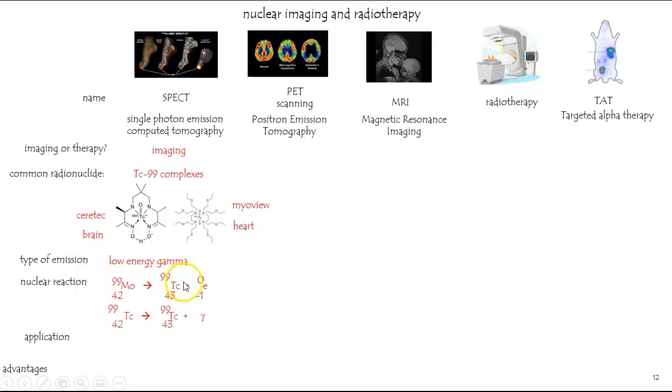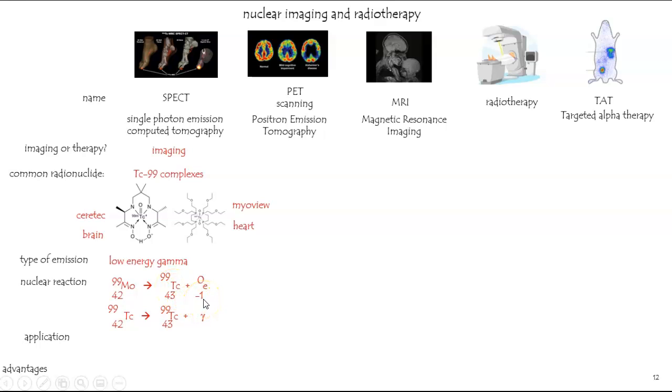The nuclear reaction is shown here. I showed two because first you have to generate this stuff. It only has a half-life of 6 hours, so you need to store it in the hospital and then be able to use it when you need it. So initially, you take some molybdenum-99, which can then undergo a nuclear decay to give rise to technetium-99.